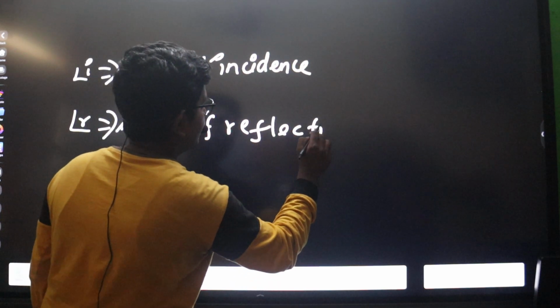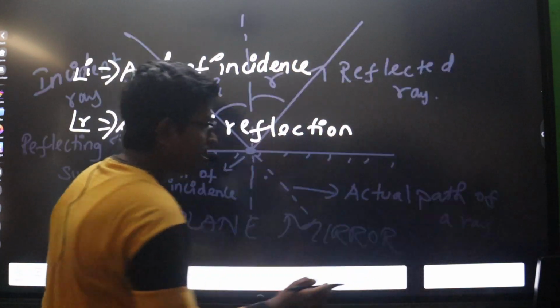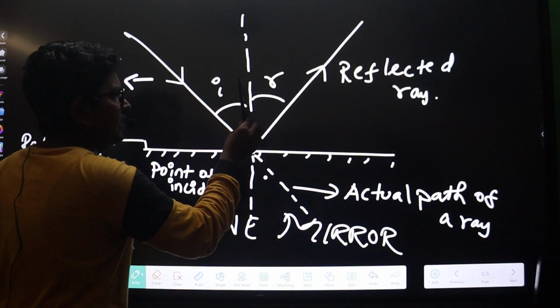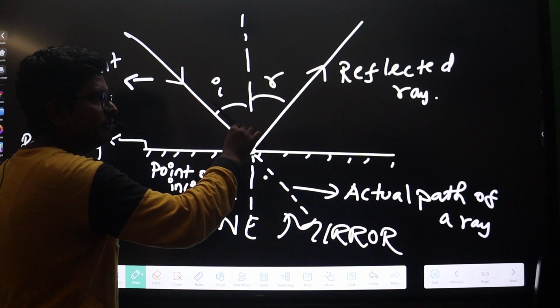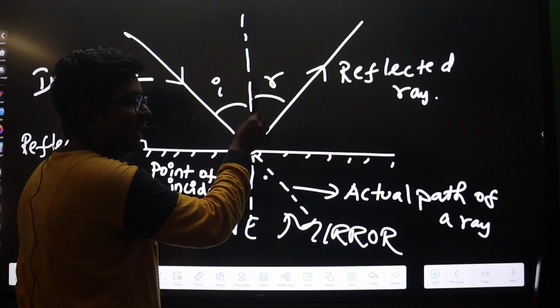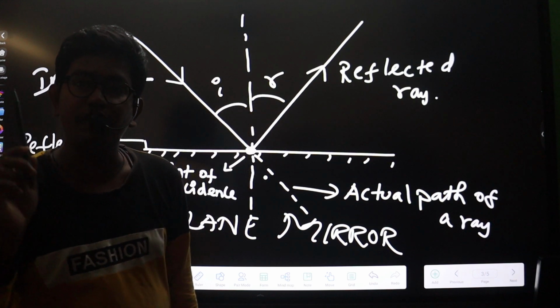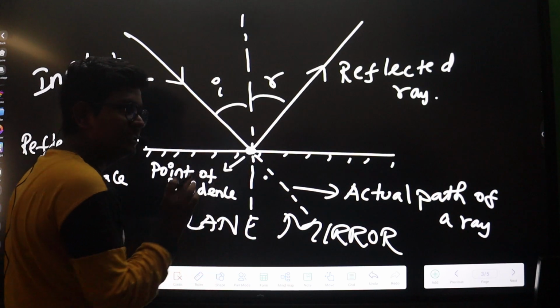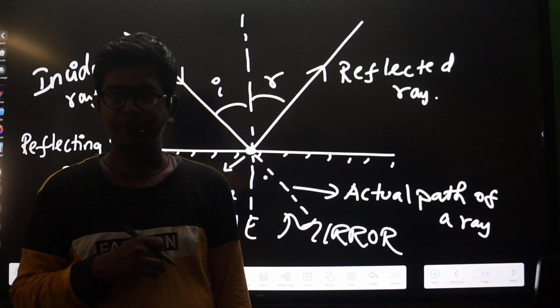So you can make a statement of angle of incidence like this by just seeing the ray diagram, that is the angle made between the normal and the incident ray, and the angle made between the reflected ray and the normal at the point of incidence. You should understand that at the point of incidence only we should draw the normal, right?